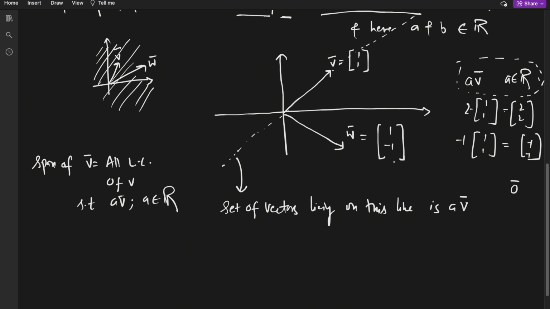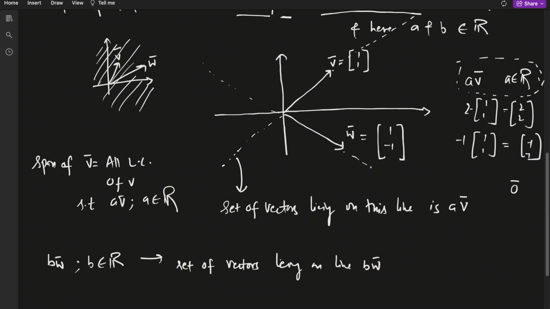Now the same is true for w. If I take the span of w, which is bw, where b belongs to R, then this is also the set of all vectors lying on the line bw, which is this one.